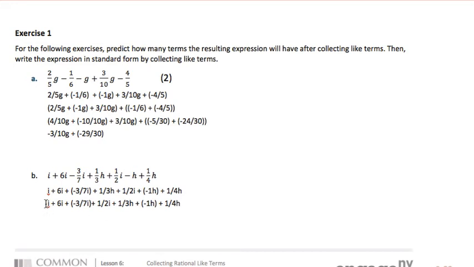And then we can use the associative property to group all of our terms together.